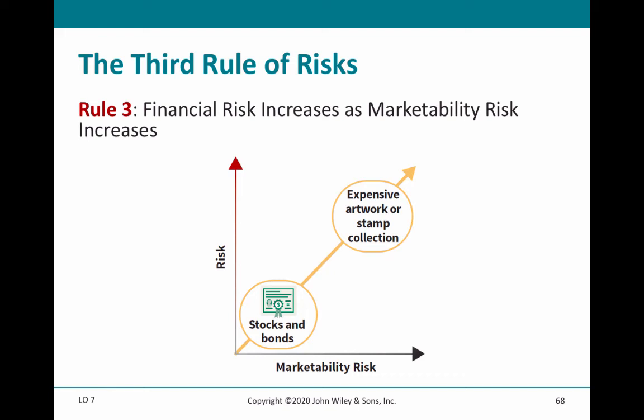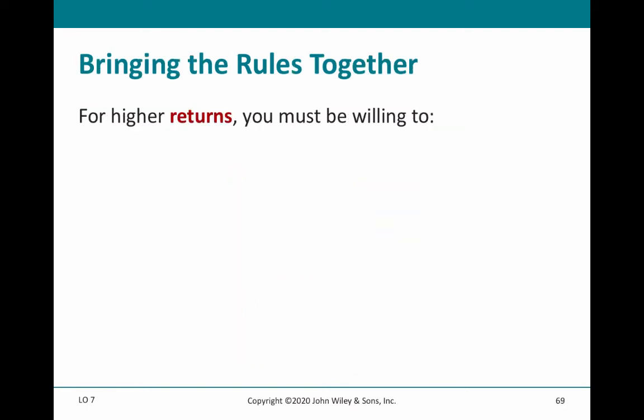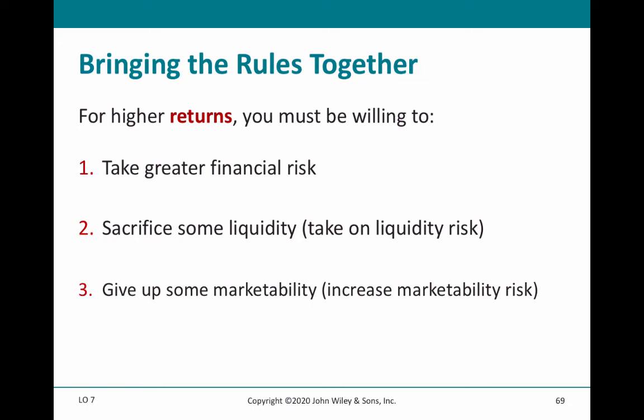The ability to sell something, or the marketability of it, the greater the risk of not finding a big audience to sell it to, the greater the risk, but in turn, the greater the possible reward. If you want to have higher returns, you need to be able to take more financial risk, sacrifice some liquidity, and give up some of that marketability.